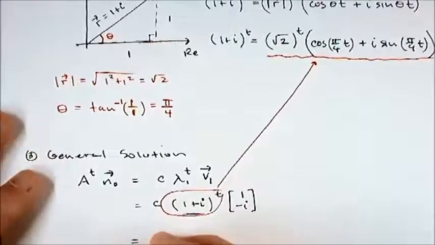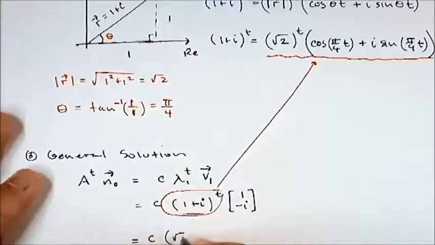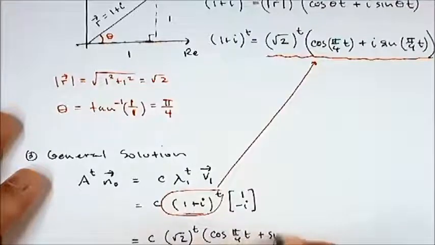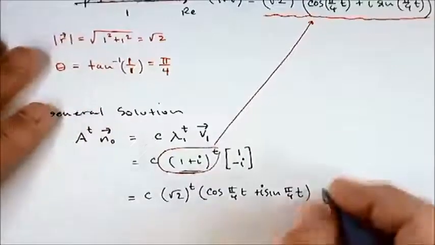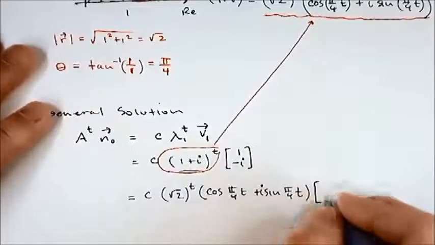So I would end up with C times root 2 to the t, times cosine of pi over 4t plus i sine of pi over 4t, times the vector 1, negative i.